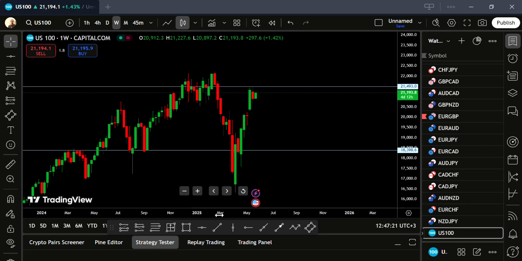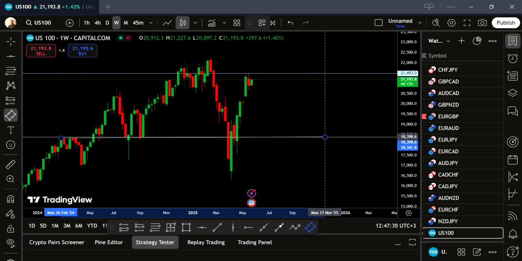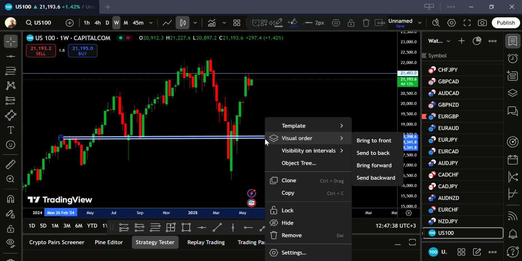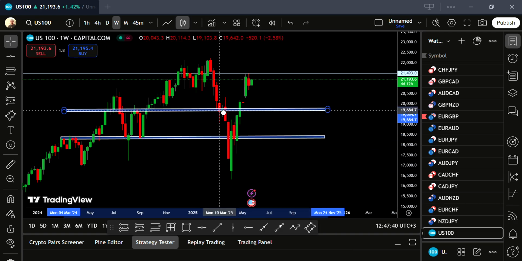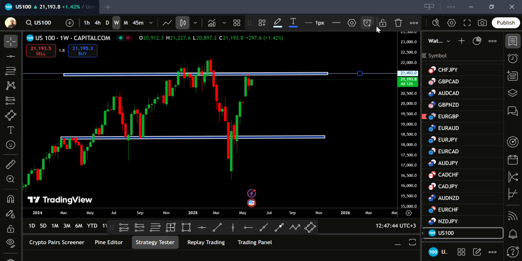We are going to replace this with the real support, just to make things clear. The charts look neat. Remove the lines and then clone this one, put it up here, remove the lines.